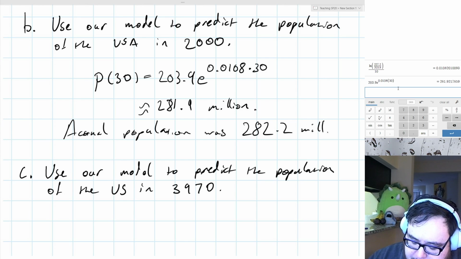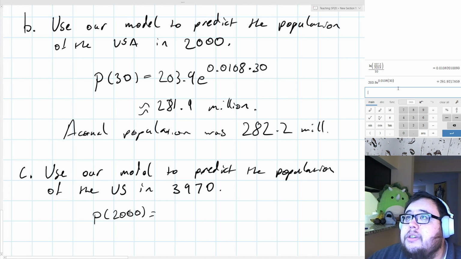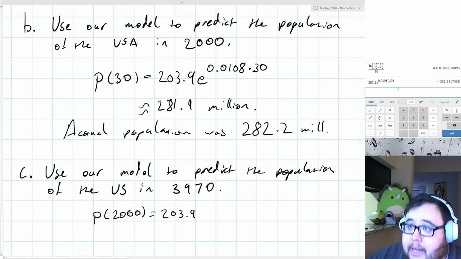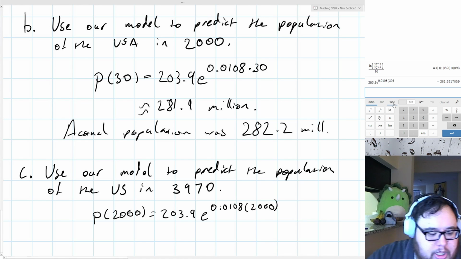So this would be P of 2000. And P of 2000 is going to be 203.9 times e to the 0.0108 times 2000. Let's go ahead and plug that into our calculator.